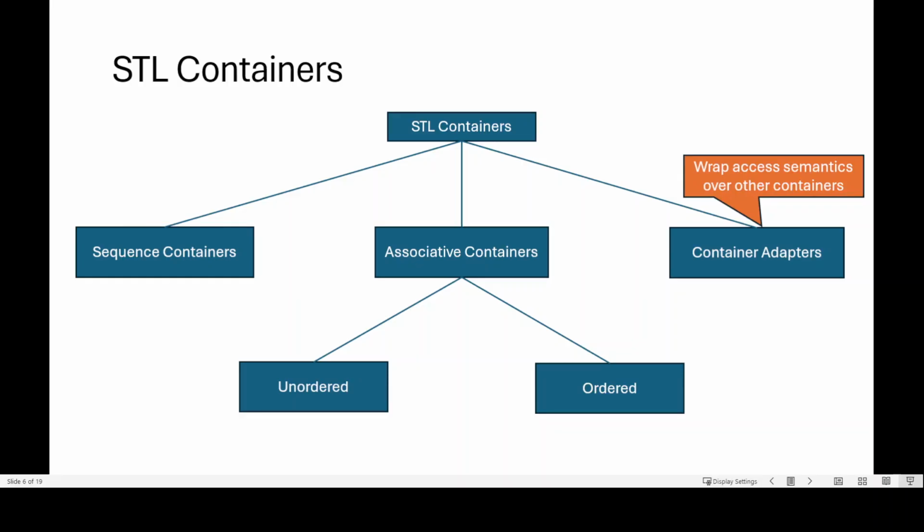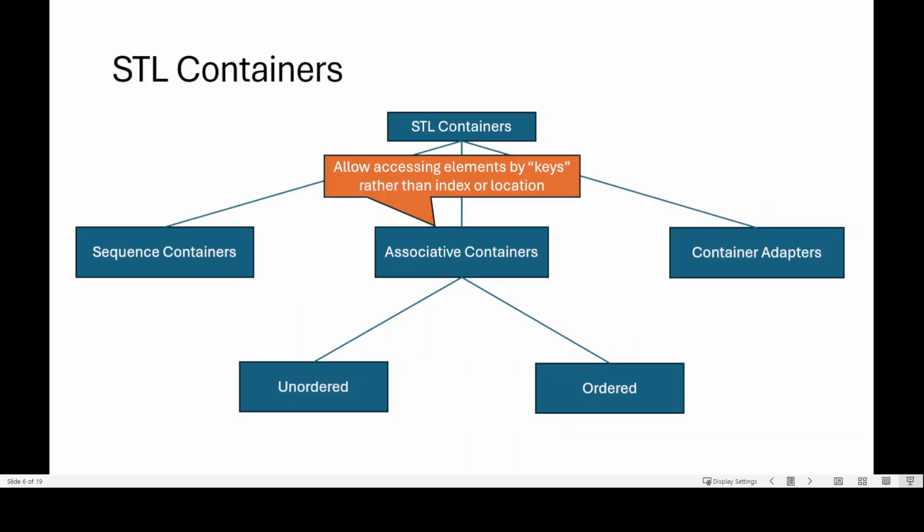As far as container adapters are concerned, these wrap the access semantics over other containers. Meaning, if you want to access data in specific order, for example, rather than the order in which the elements are stored, then that can be applied using container adapters.